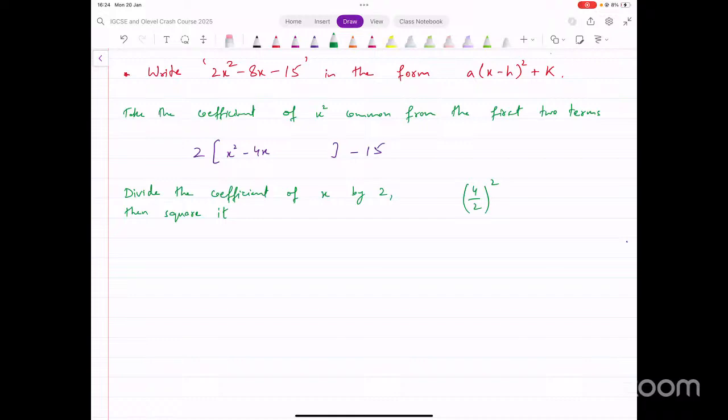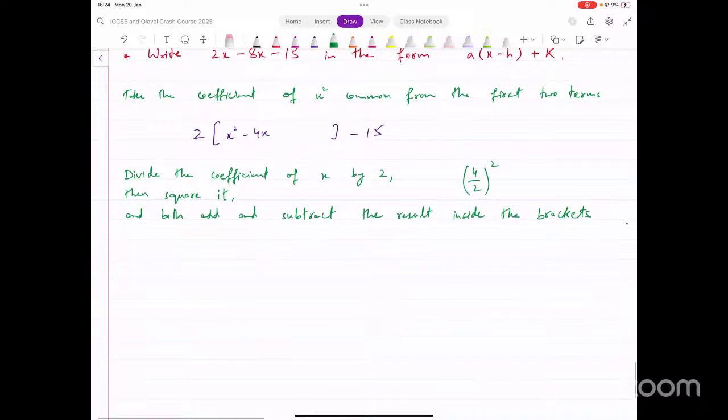Then what you have to do is you both add and subtract the result inside the brackets.